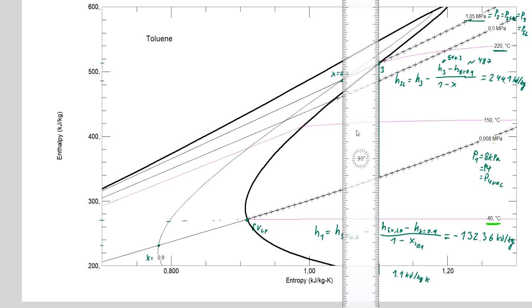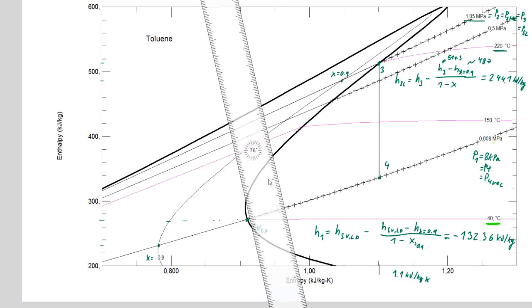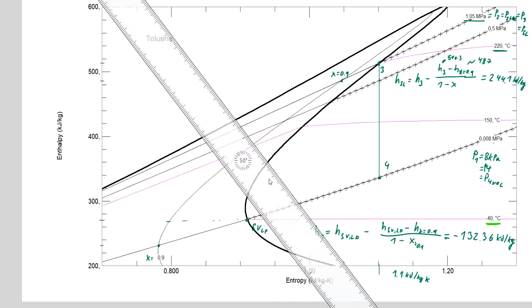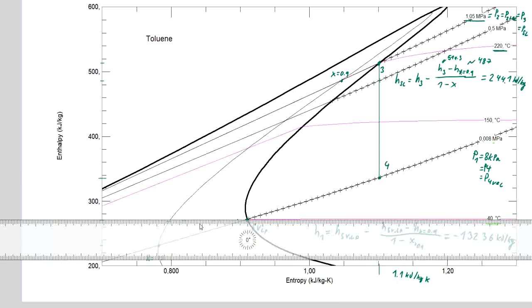And for us the most important is that there follows the isentropic process to the point 4. And directly we can get also the enthalpy from point 4, which is 336.6 kilojoules per kilogram.